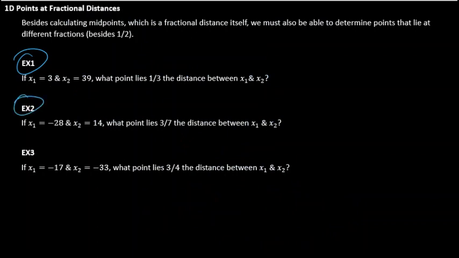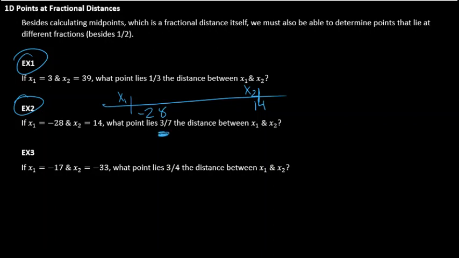So let's try it on this next one. Okay, so if x1 is negative 28 and x2 is 14, what point lies 3/7 the distance between x1 and x2? So let's go ahead and test my little formula theory out.